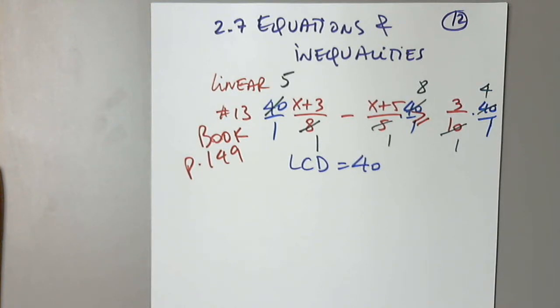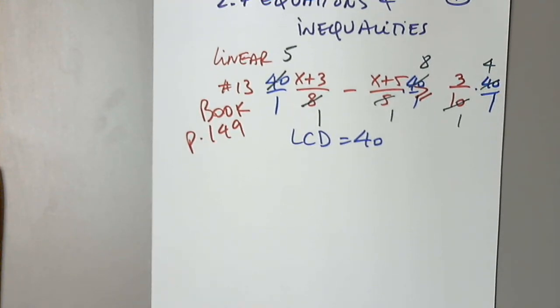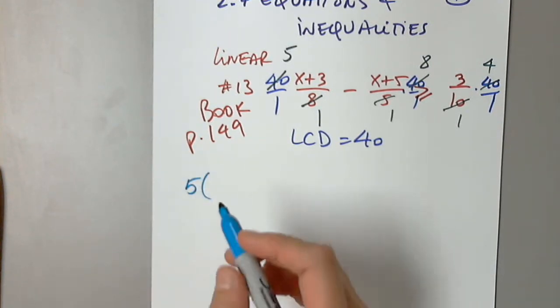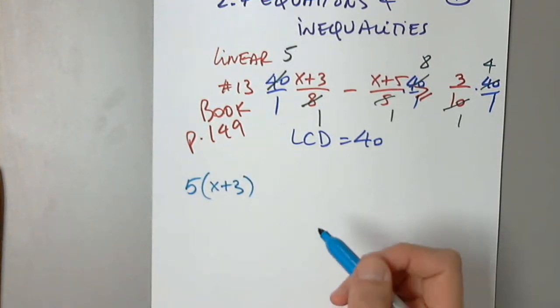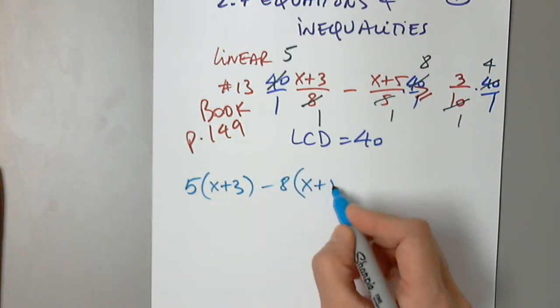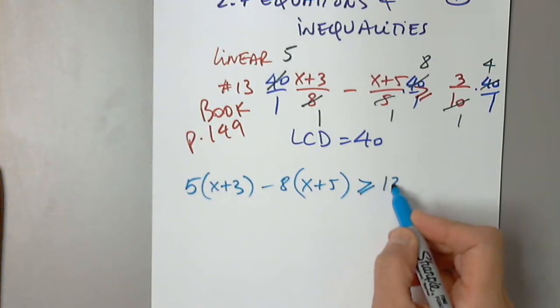Can anyone dictate the new inequality without distributing? Do not distribute just yet. Just for everyone to see. Yes, awesome. X plus 3 minus 8 times x plus 5. Awesome. Greater than or equal to 12.